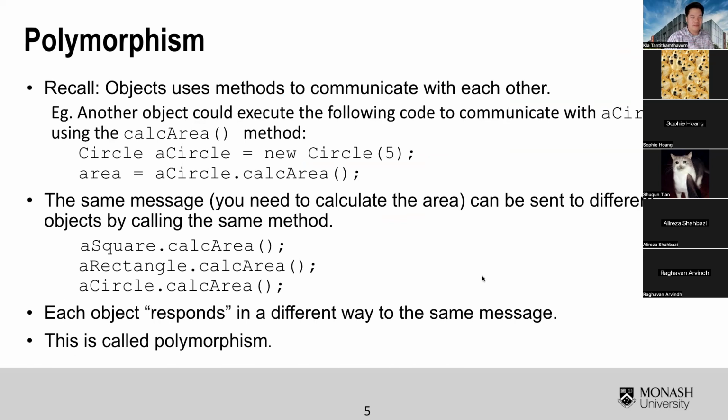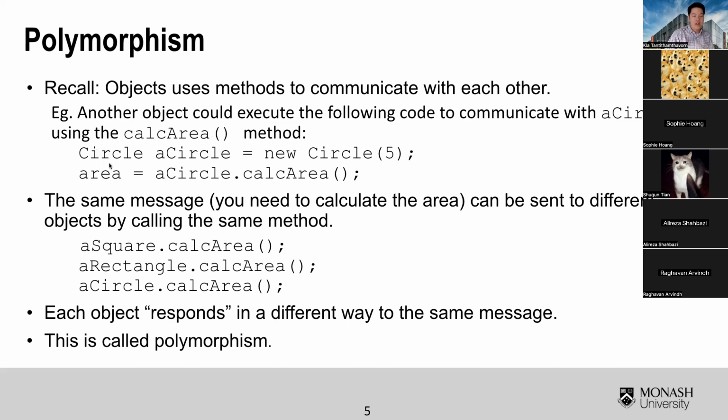That's polymorphism. Just to recap, when we use polymorphism, objects use methods to communicate with each other, and another object could execute the following code to communicate with a circle by using the calculate area method.